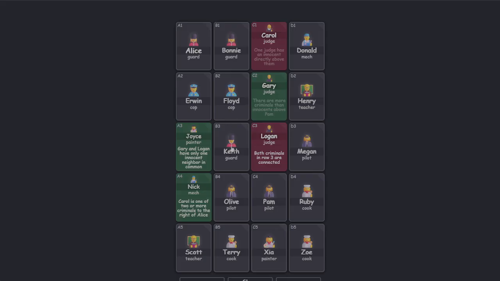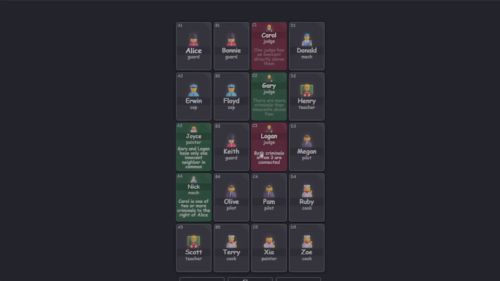So if I can identify which one of those is innocent, then the rest are criminals. But there's only two criminals in row 3. Okay, yep, this is it. There's only two criminals in row 3, and they're both connected.